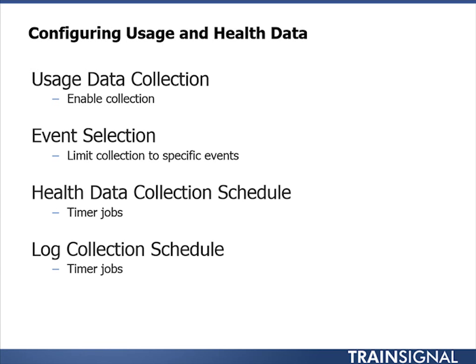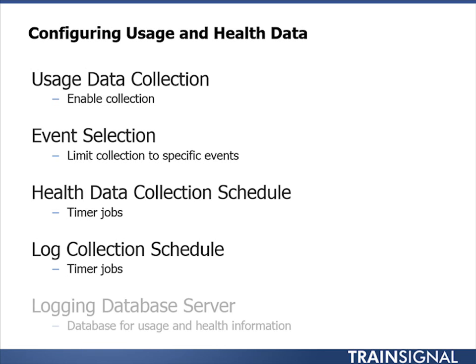And we can do this for our health data as well as for our usage logs. Now, down at the very bottom of this screen, what we're going to notice when we get into our demo here in just a moment is that we can choose where we want the database to be. And like I said, this is going to be based on an open schema, so you'll be able to run your own reports based off of this as well.